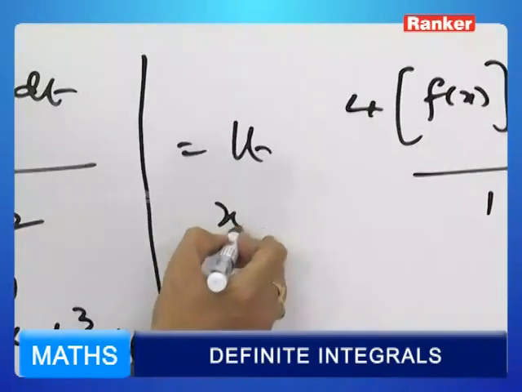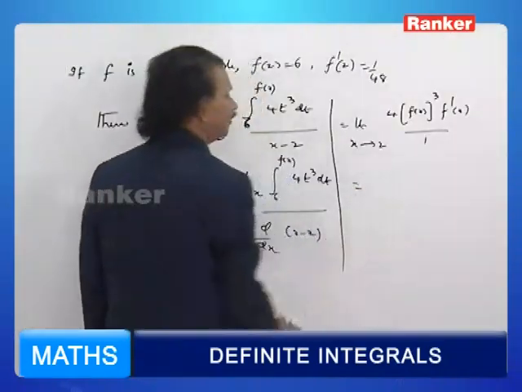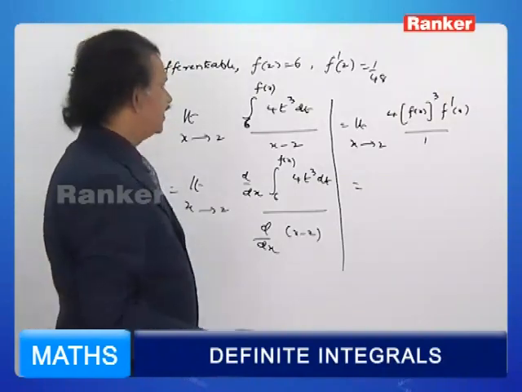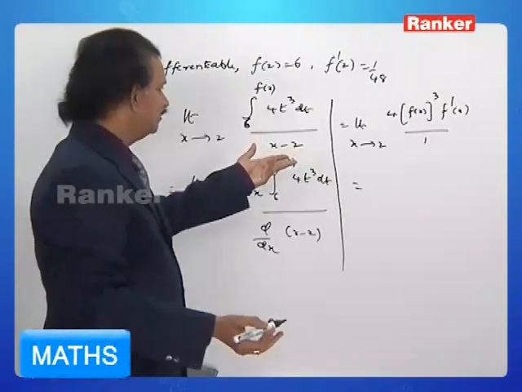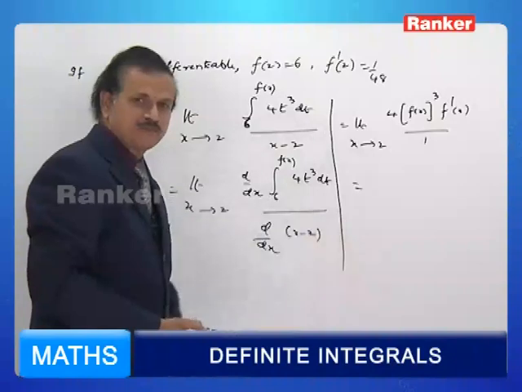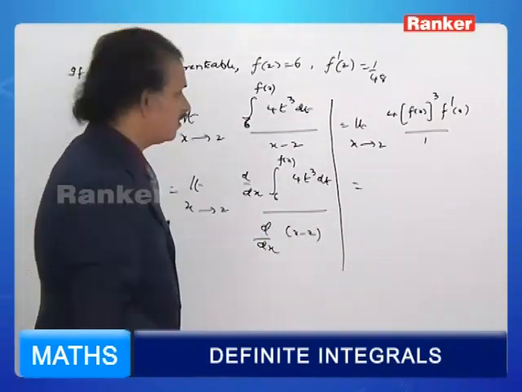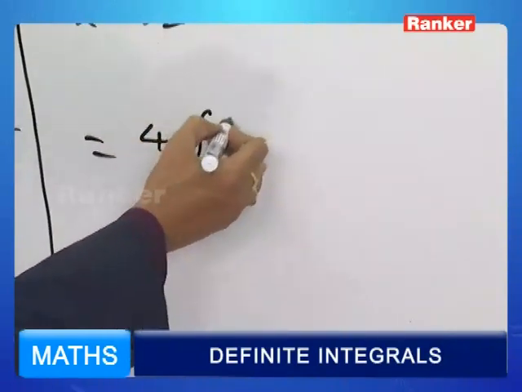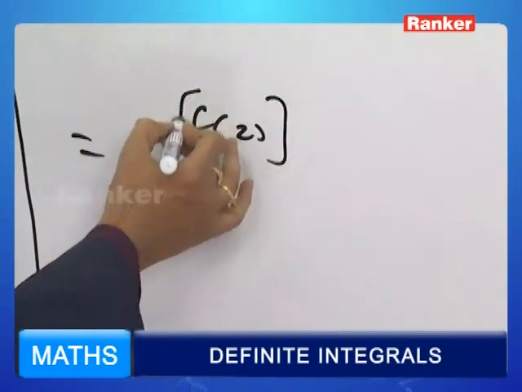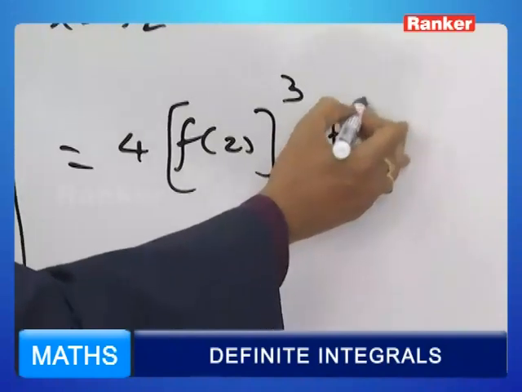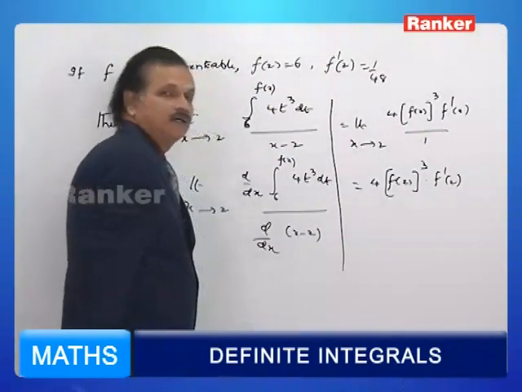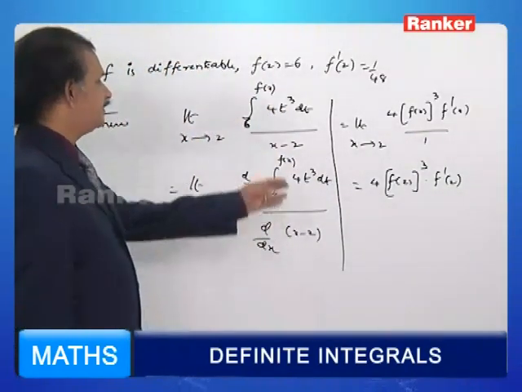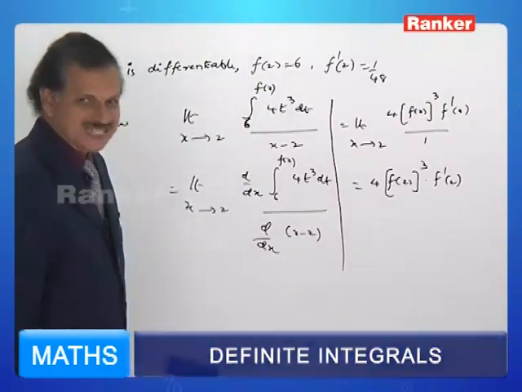Limit as x tends to 2, it is straightly very simple, no question of any 0 by 0 form. You just replace x by 2 so that it is 4 into f of 2 whole cube into f dash 2. Luckily we are given about f of 2. What is f of 2? 6.